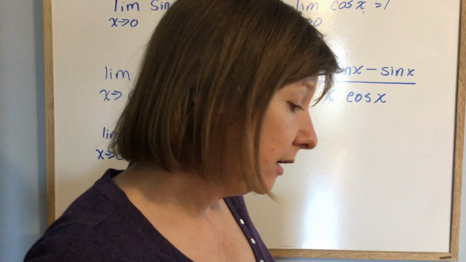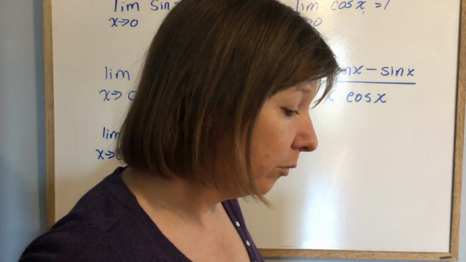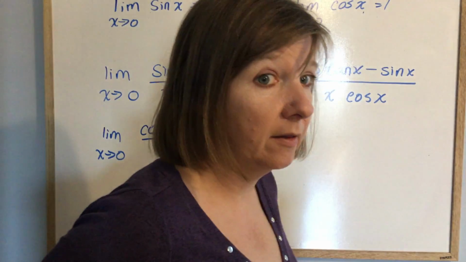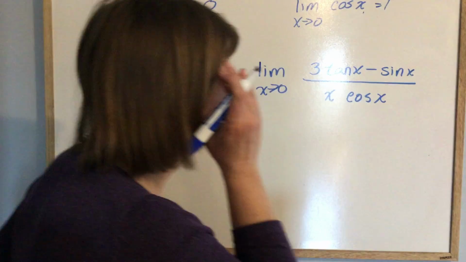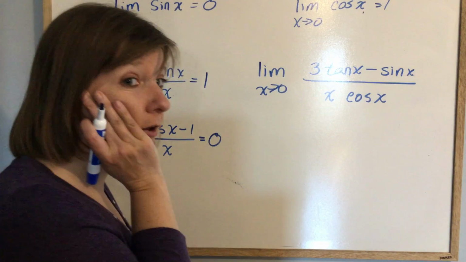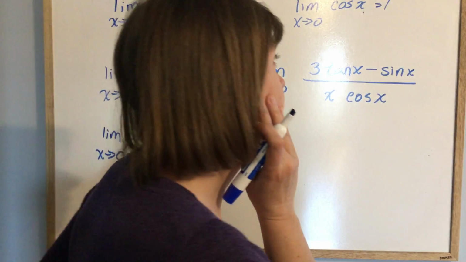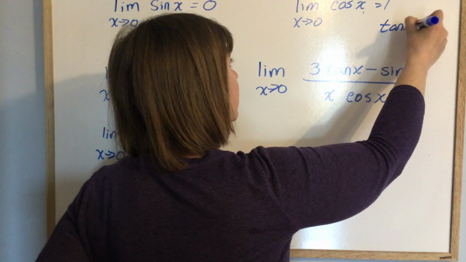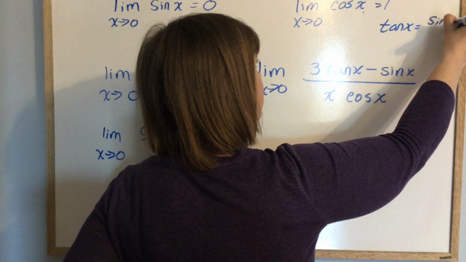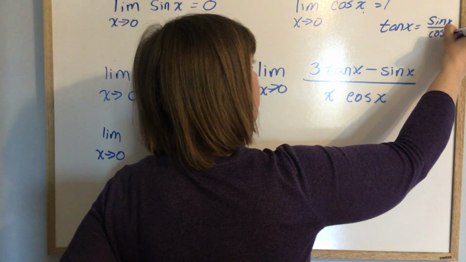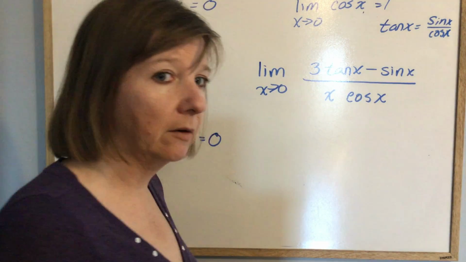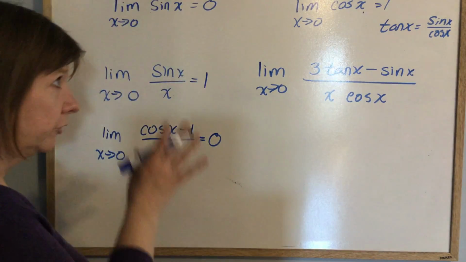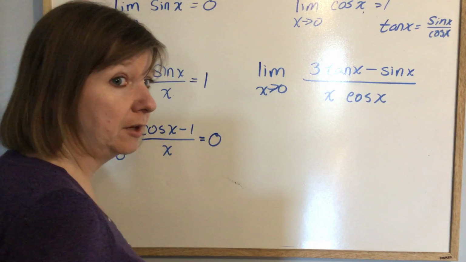All right. Here is where they use another identity in this one. They use an identity that we talked about a lot when we were doing trig identities. And that is that tan x is equal to sine x over cos x. All right? So, just so you know, that's going to come into play here.